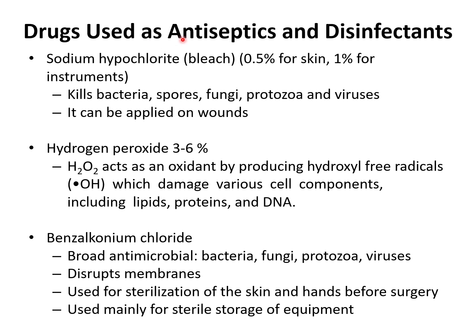Some drugs can be both antiseptic and disinfectant. Sodium hypochlorite, which is the common bleach that you find in kitchen preparations, can be used at certain concentrations, very low concentrations, to be applied to the skin. Again, it kills all microorganisms. Hydrogen peroxide can produce, as you know, oxygen free radicals, which can cause damage to living tissue.